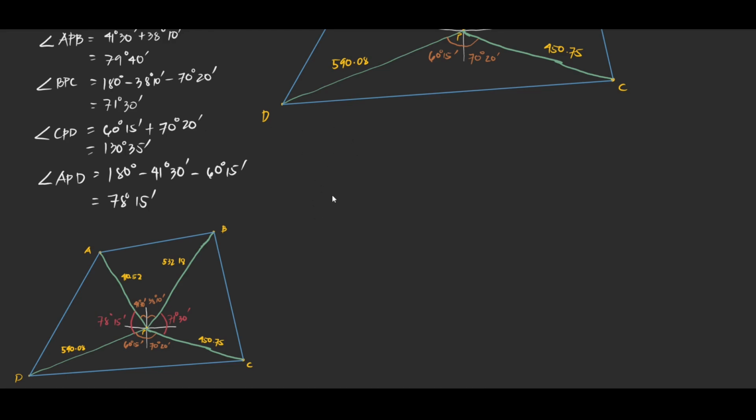Let's now compute for the area of triangle APB. So that would be 1/2 times 410.52 times 532.18 multiplied by the sine of our alpha here, which is 79 degrees and 40 minutes.